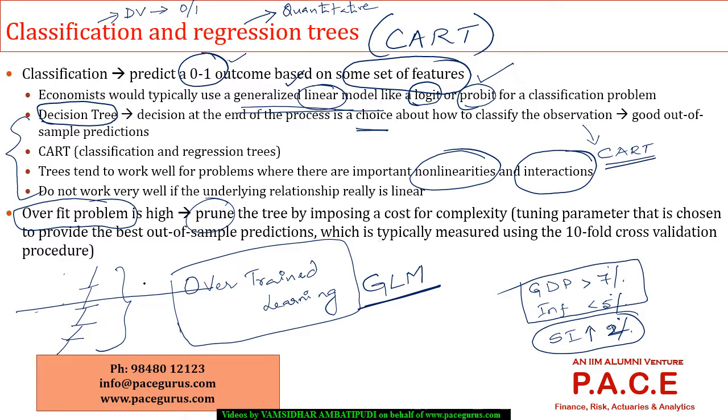When the tree goes more and more deep, the model is actually becoming more complex, so you need to put a penalty on the complex model. So there is a cost per complexity.